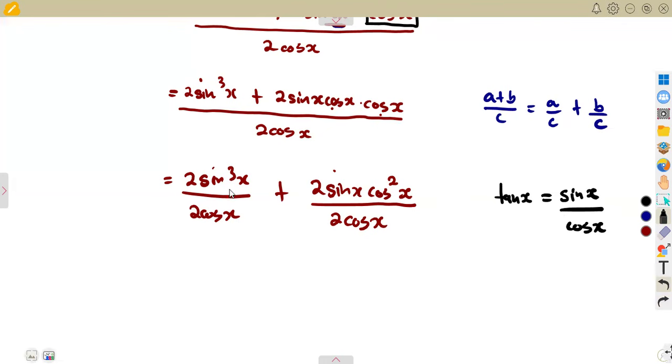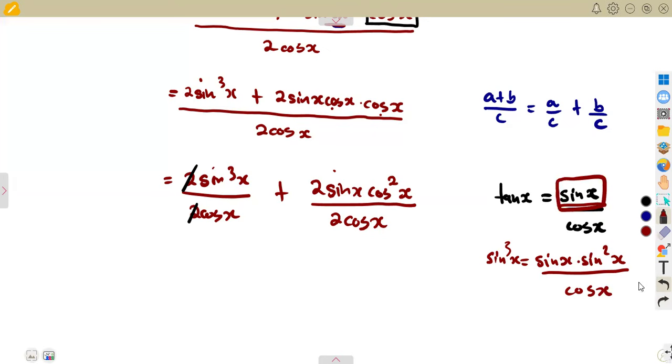So on this side, it's sine cubed. Okay, let's cancel the 2 and the 2. This one, it's sine cubed. Sine cubed means there are 3. It means sine x times sine squared x over a cos. What we just need is to focus with a sine. We need a sine over a cos, so that a sine over a cos, this one, it gives us what?